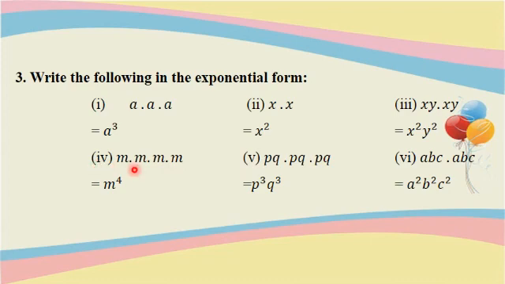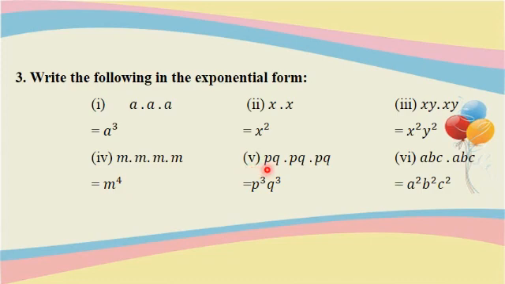In number 4, m into m into m into m. We are observing 4 terms and they are multiplying, and all 4 are like terms with a single variable. Add the exponents, 1 plus 1 plus 1 plus 1, it becomes 4. So m has an exponent 4, or we can say m raised to power 4.